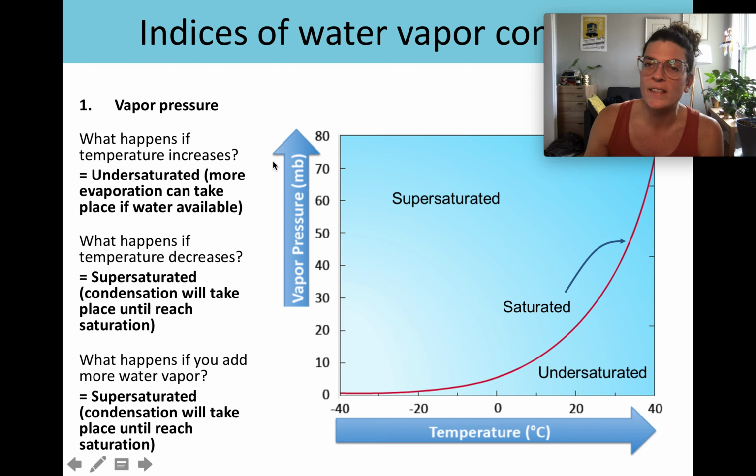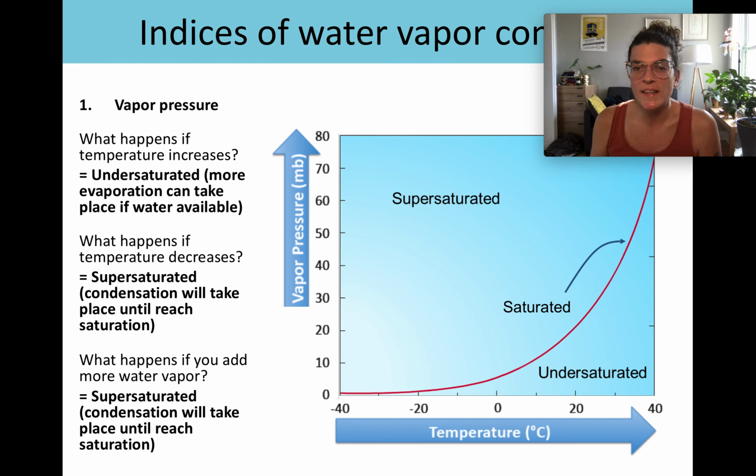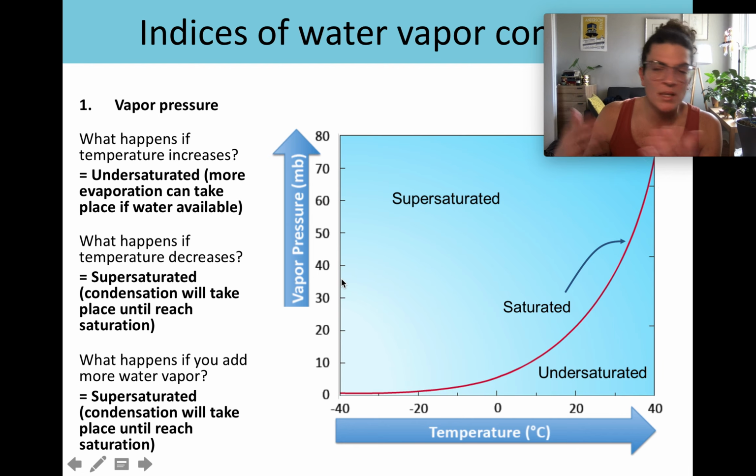We know that at the surface, the whole pressure of the atmosphere is about 1,000 millibars. And so we can very easily use these numbers to calculate how much water vapor there actually is in the atmosphere. So we're going to refer to water vapor here as millibars instead of grams. They're not the same thing, but they mean kind of the same idea.